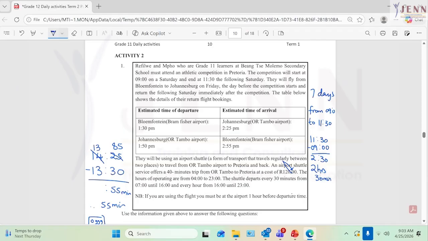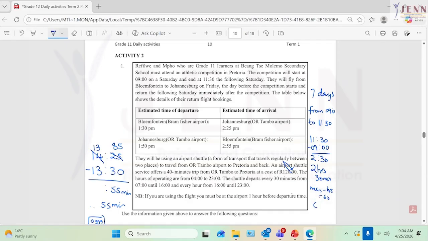So they wanted the time in days and hours. So it took 7 full days, 2 hours and 30 minutes. So we're going to convert 30 minutes to hours. From minutes to hours, we divide by 60.